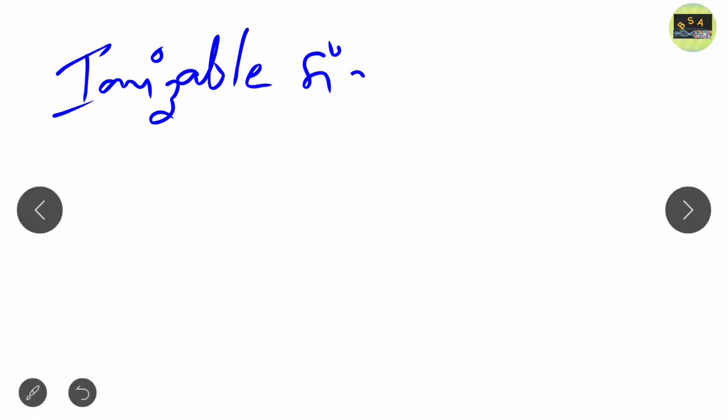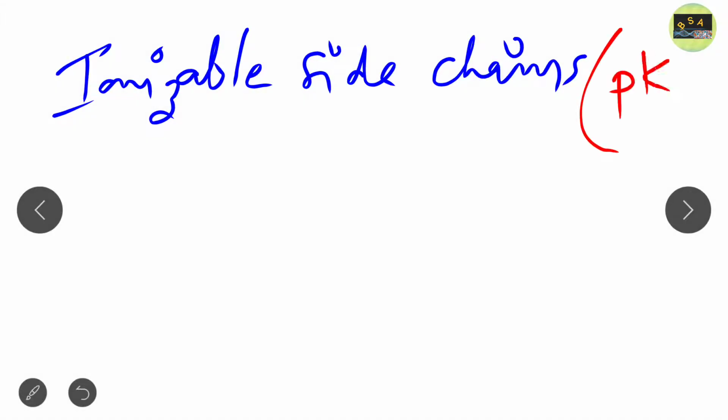The amino acids with ionizable side chains are as follows. This is represented as pKr, for ionizable side chains.